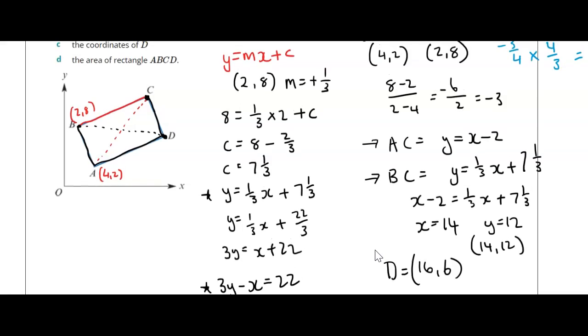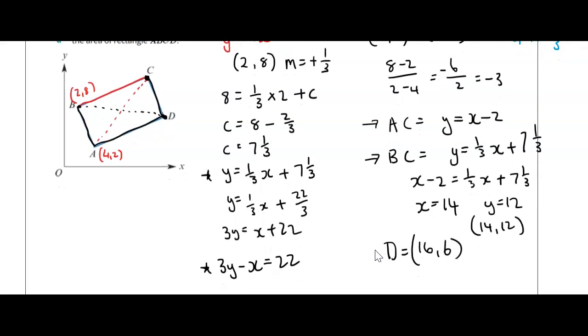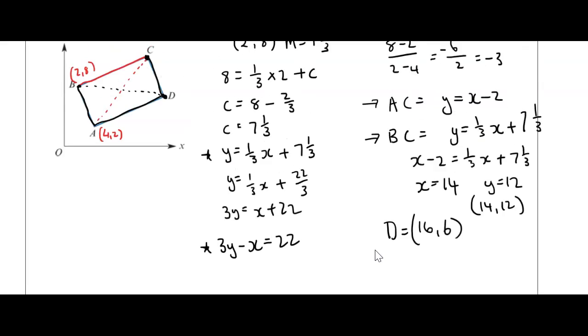All right, part D, the area of rectangle ABCD. We can work out the length AB just by substituting point A and point B into the distance between two points formula, and that length is the same as CD. I'm running out of room here.